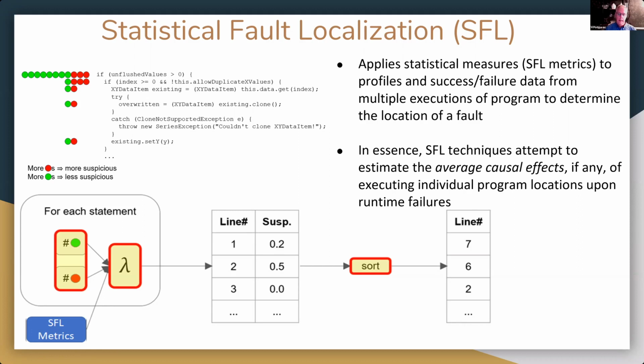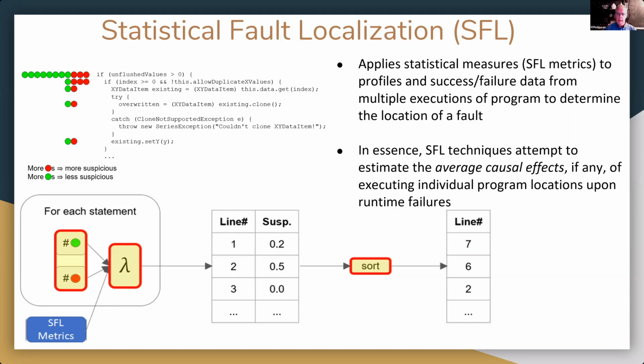To this data, the techniques apply statistical measures of association between the failure data and the profile data in order to compute what are called suspiciousness scores. These scores are used to rank program statements so that the ones with the highest ranks are the most likely to be faulty.